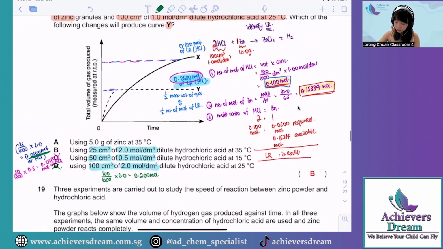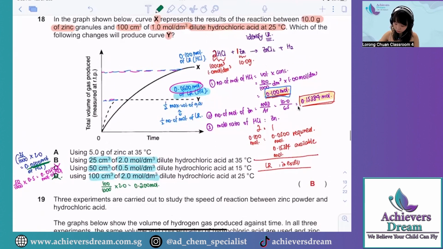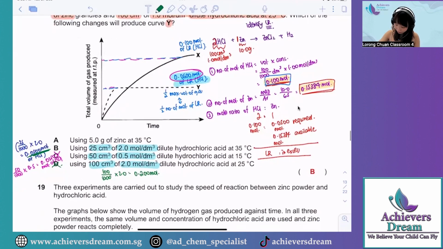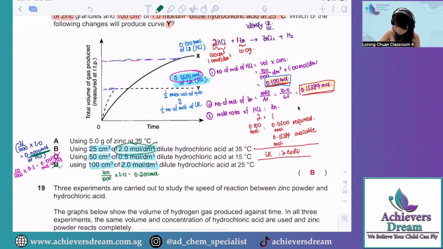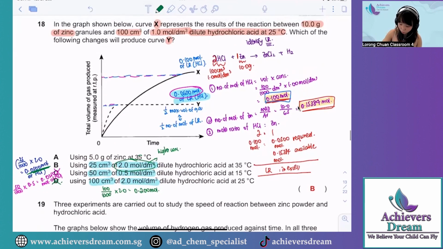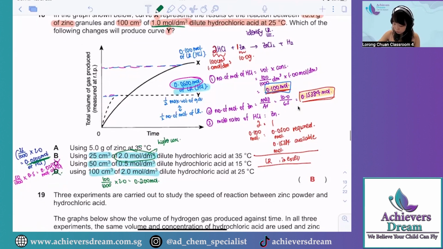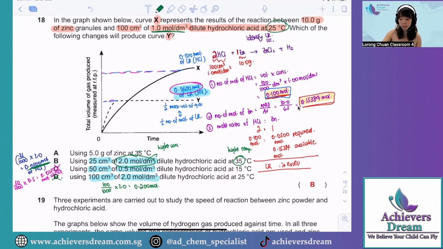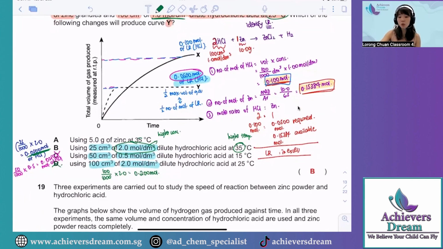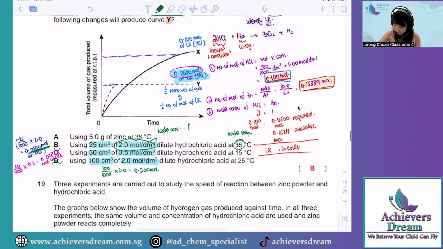And also, if you look at the gradient factor, I have a higher concentration of acid compared to 1 mol/dm³. And I also have a higher temperature compared to 25 degrees Celsius in curve X. So higher concentration or higher temperature will result in a faster speed of reaction, which is represented by a steeper gradient.